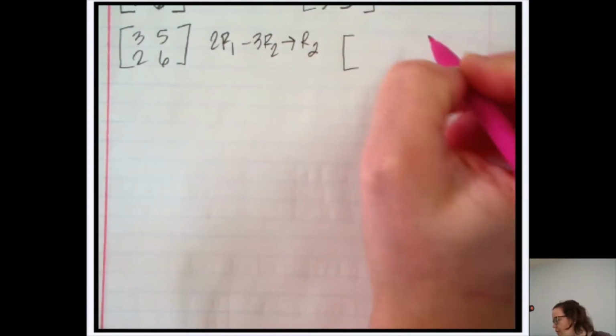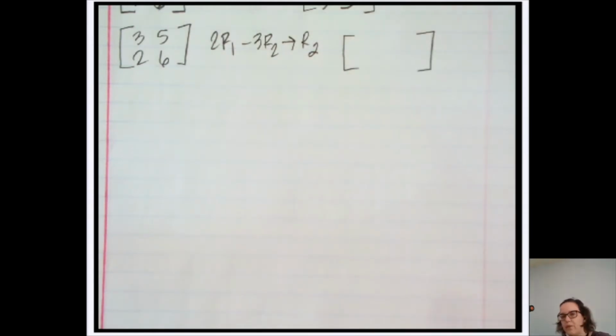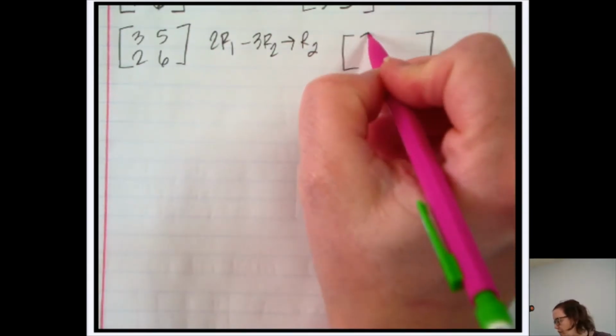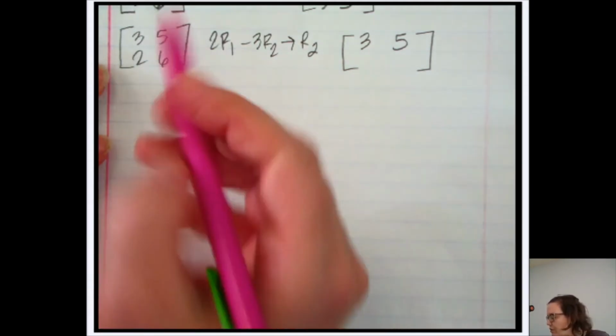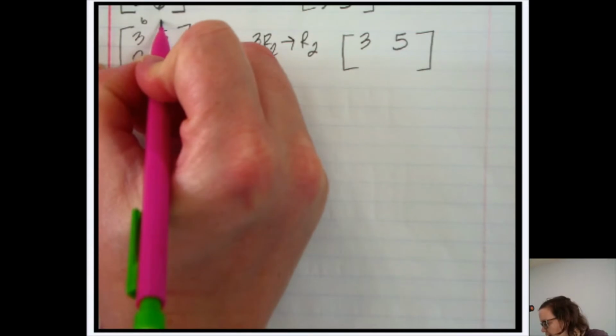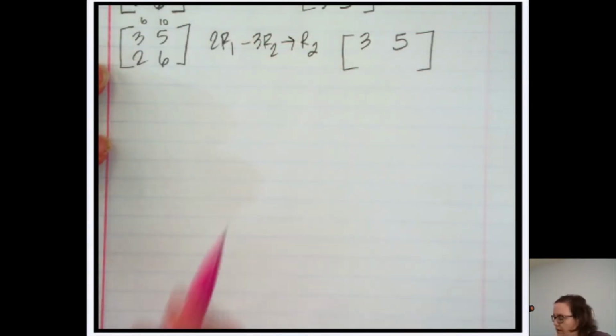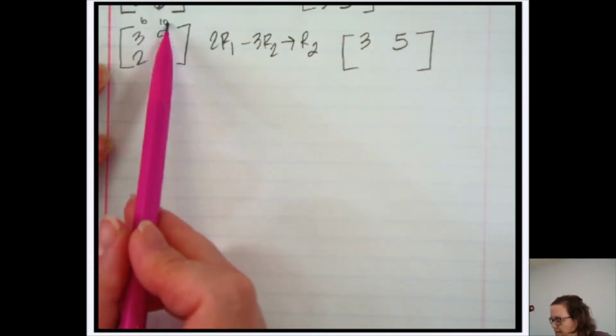So which row are we not replacing? We're not replacing row 1, so let's go ahead and write row 1 up there. Yes, we're modifying row 1, but not in our final thing. We're just going to use it in between. This says to take 2 times row 1, so I put my numbers on top. 3 becomes 6 and 5 becomes 10.